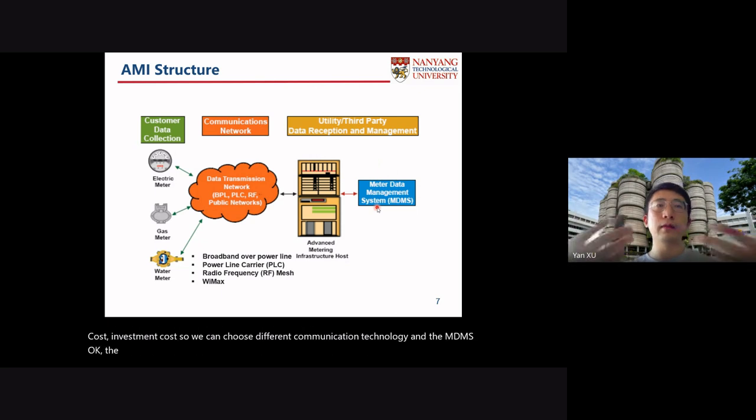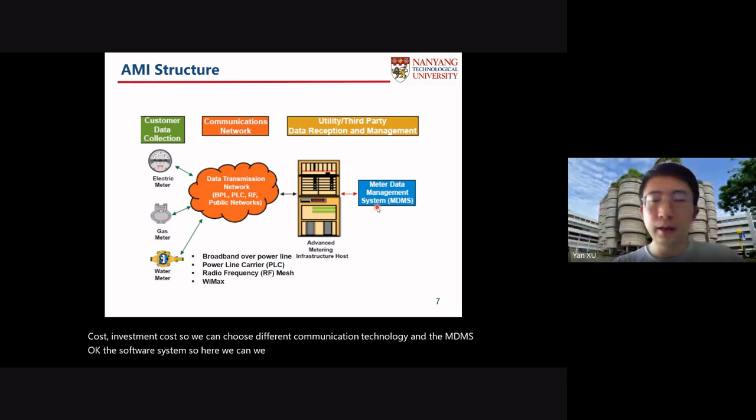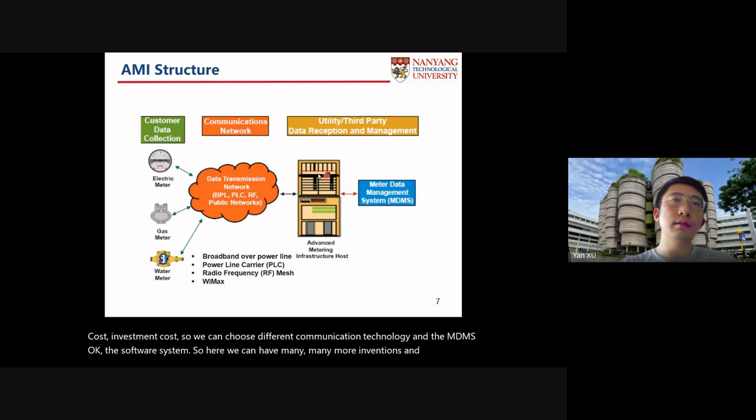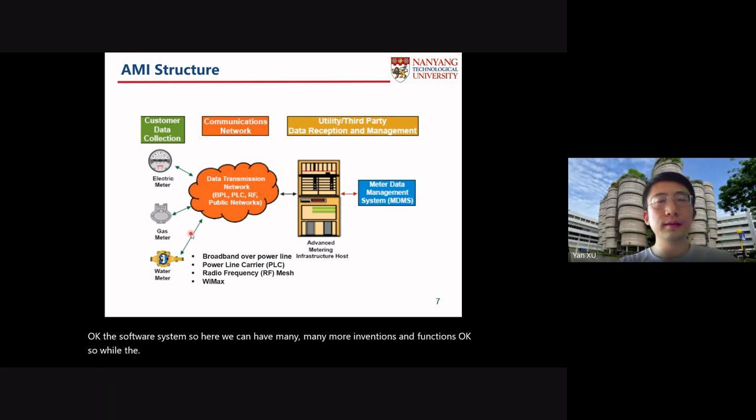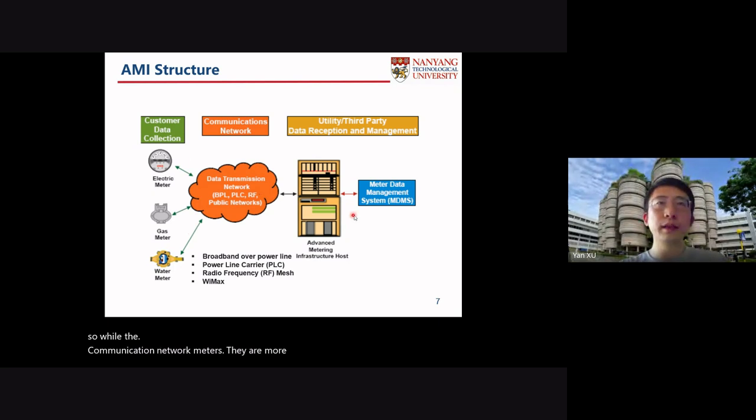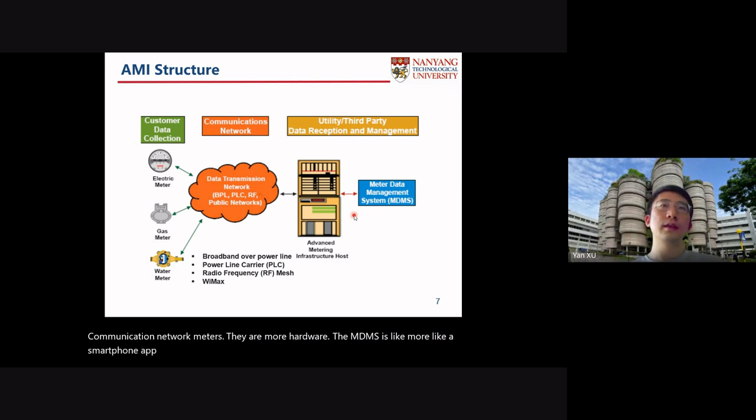Here we can have many more innovations and functions. While the communication network and the meters are more hardware, the MDMS is more like a smartphone app. With the data as the input, we can do a lot of functions. Many researchers in the smart grid area are actually working on this.